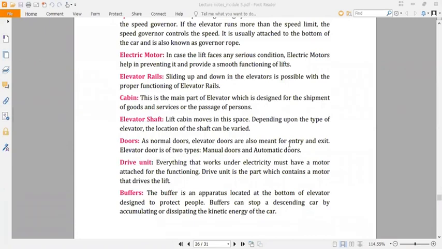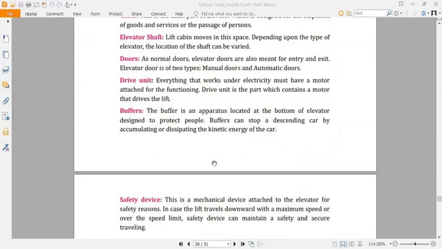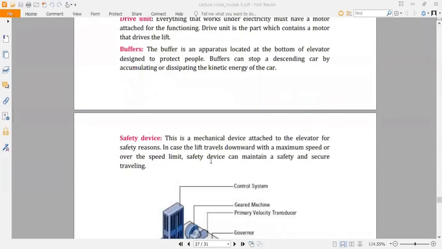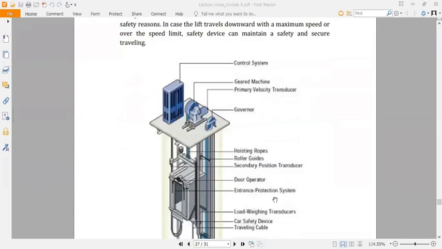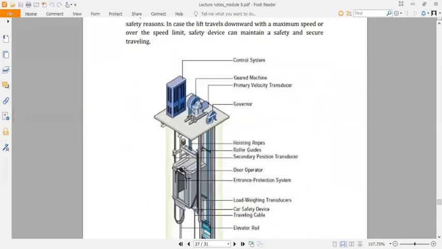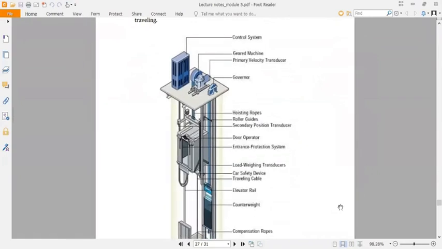Okay, so that will basically drive the complete elevator system. And a buffer we are using, which is placed at the bottom of the elevator design, and there are some safety devices. Okay, so these are the different components that we are using in this complete elevator system.